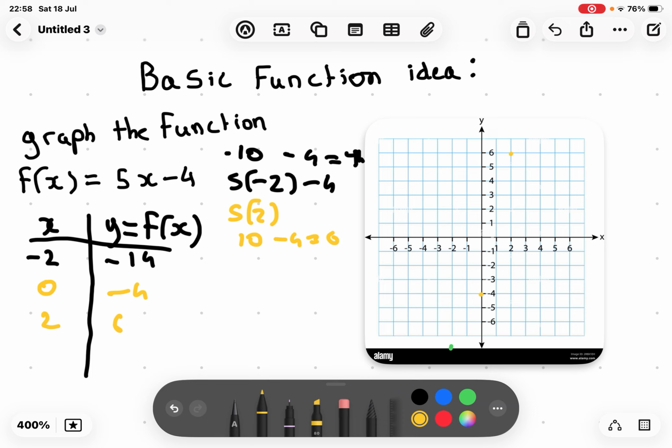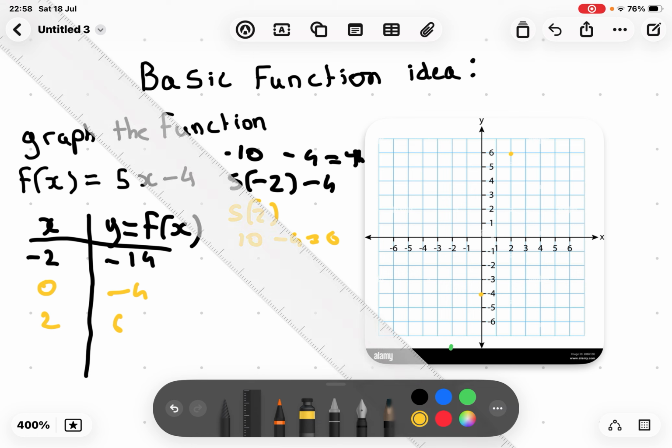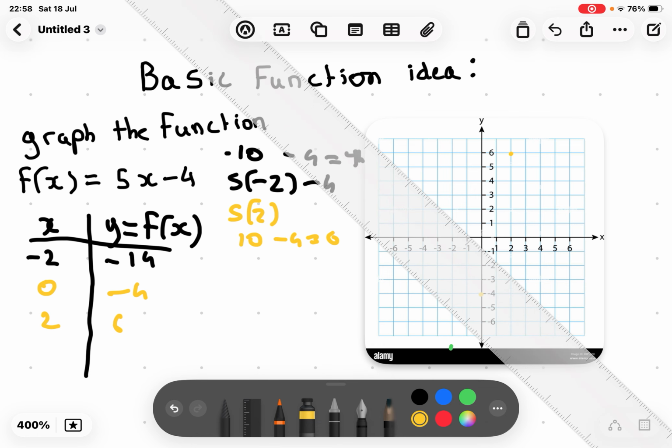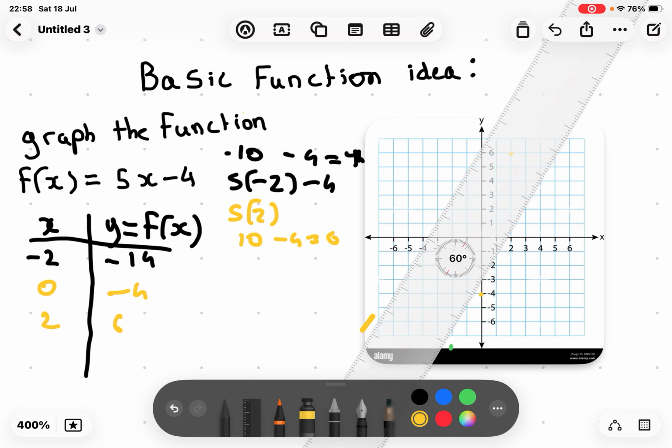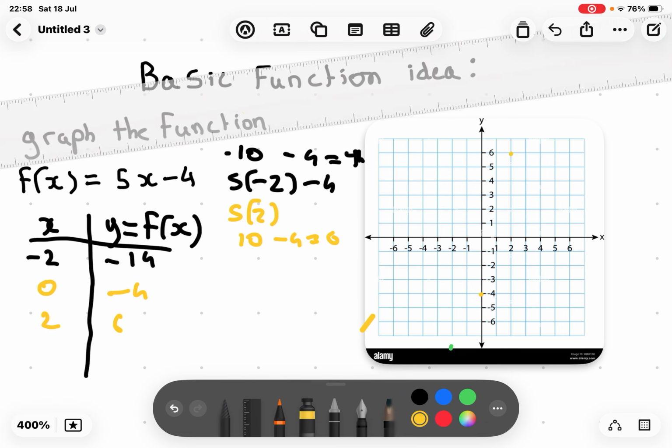Okay. They don't align really well. What if we picked 1?